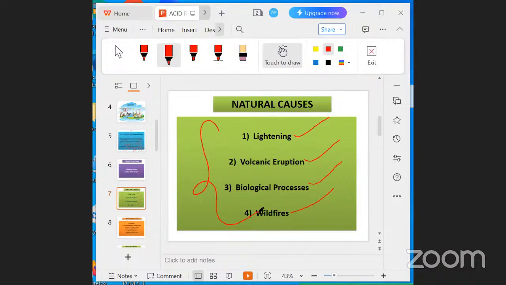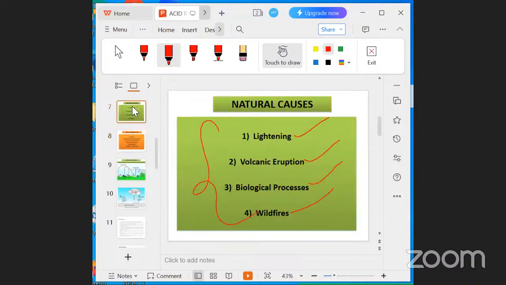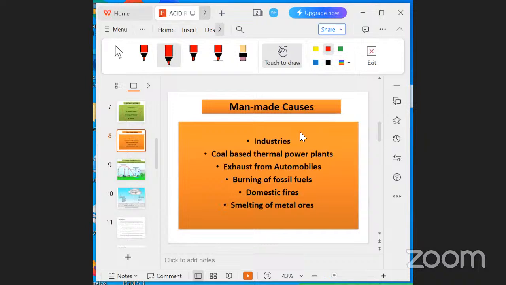Now, one by one. These are the natural causes and these are the man-made causes: industries, coal-based thermal power plants, exhaust from automobiles, burning of fossil fuels, domestic fires, and also smelting of metals.